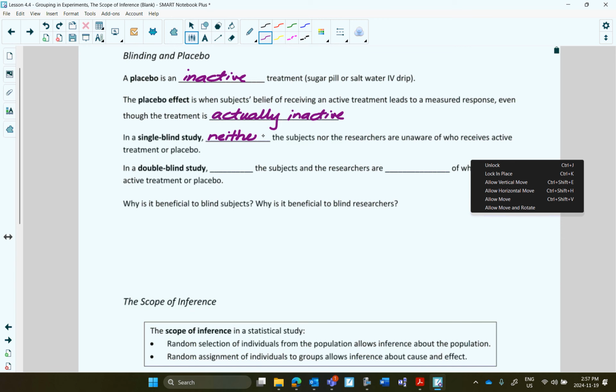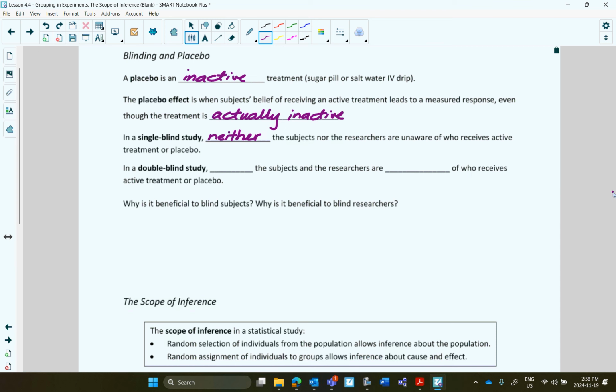Usually it would be the subjects that wouldn't know, but there can be bias if the researchers know which one they're giving. Why? Because maybe a researcher has spent 10 years developing some special pill and wants a good result. And in a double-blind study, both the subjects and the researchers are unaware.